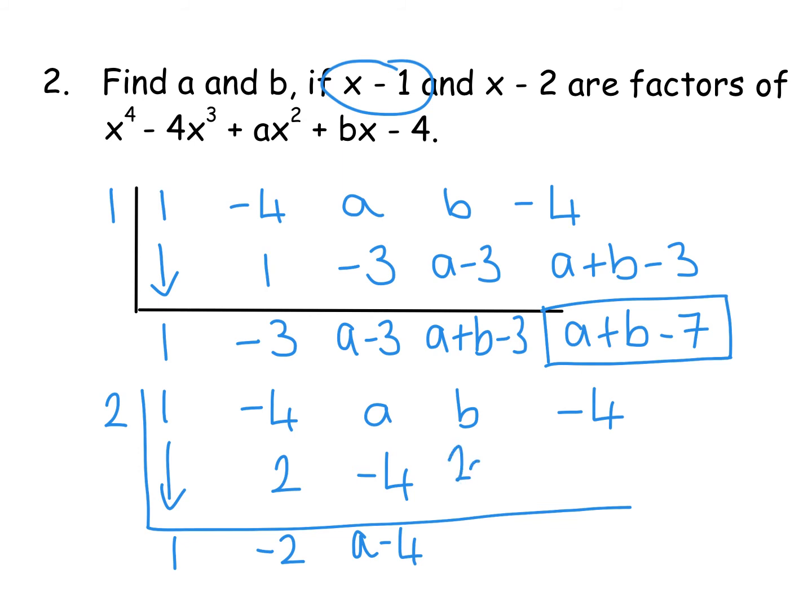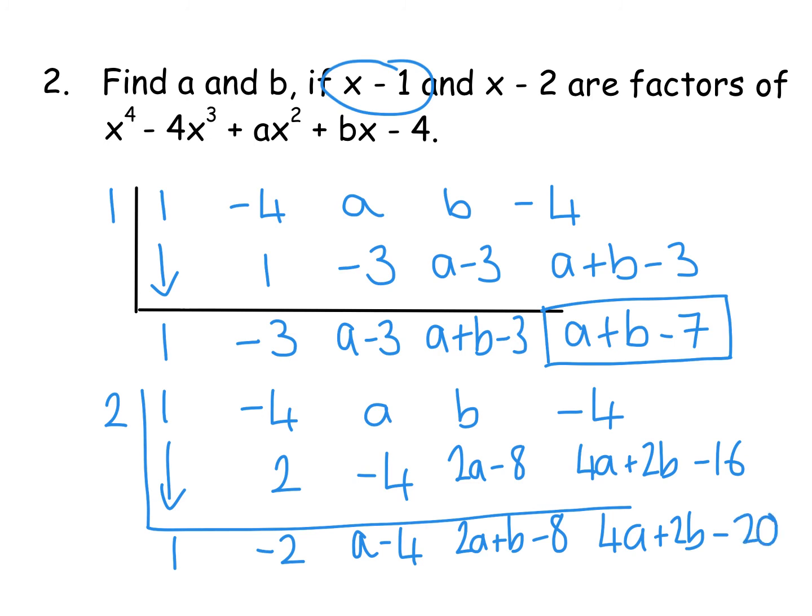Double everything, so 2a minus 8. Add it to the b, so 2a plus b minus 8. I'm going to double everything and I'm running out of room, so this is why I tell you to space it out. This gives us 4a plus 2b minus 16. And when we add them together, you get 4a plus 2b minus 20.